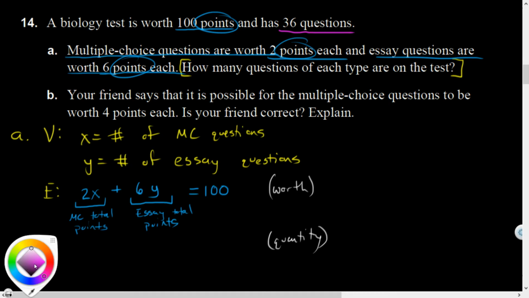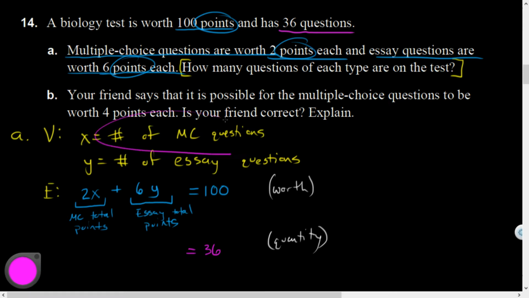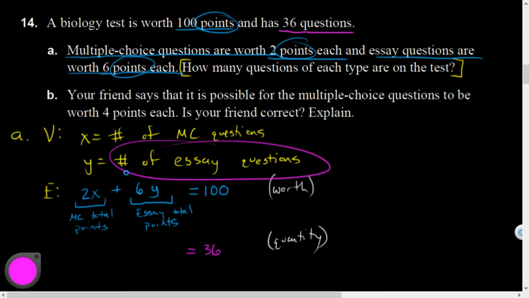So there is a total of 36 questions. And there are 2 types of questions. What's that equation going to look like? Yeah, it's equal to 36. There are 2 types of questions, multiple choice and essay.